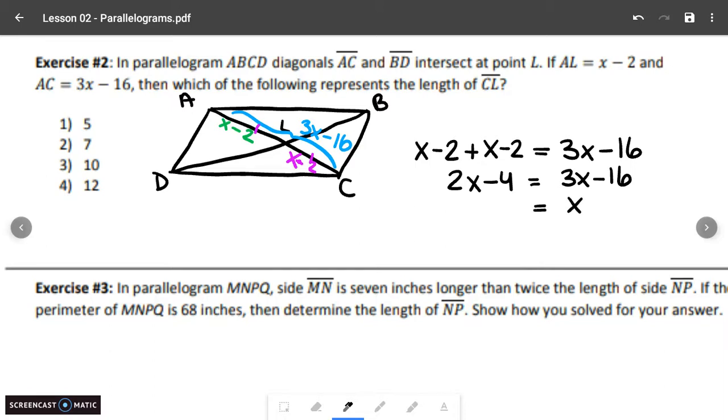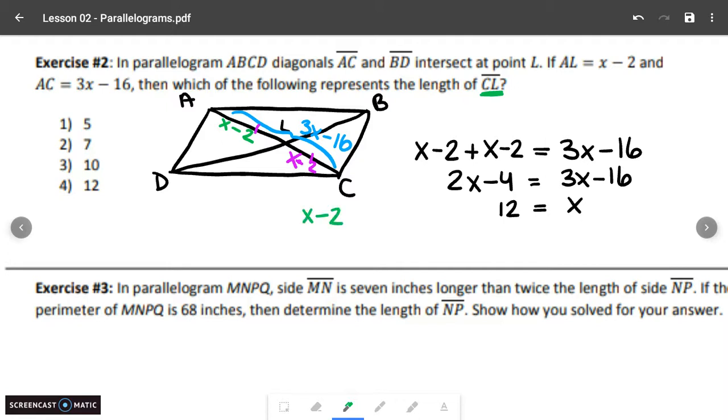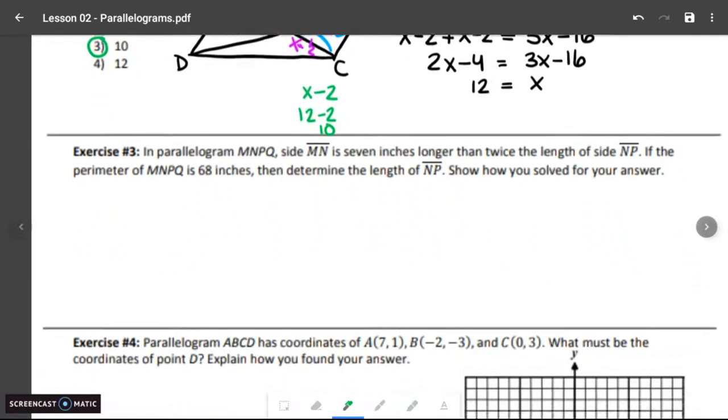We'll add 16 to both sides, getting 12. Now, 12 is not your answer, though. Be careful. We want to find the length of CL here. So we got to go back and plug in. So x minus 2, 12 subtract 2 is 10. So choice 3. Notice 12 is there as an option to try to trick you. Make sure you're always going back to read that question fully.